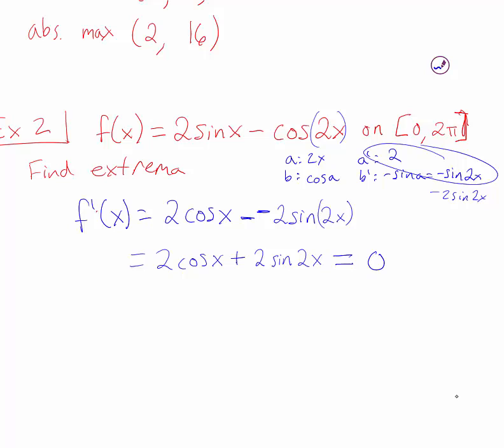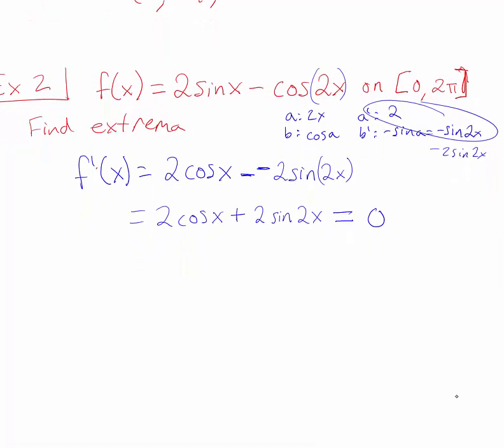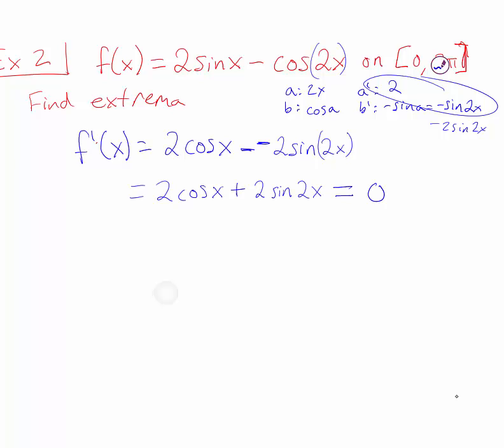Okay. Now, this part's a little bit tricky, but in this case, this one's cosine of x, this one's sine of 2x. This one's tricky, and you kind of need to think back to some of your trig rules. And one of your trig rules was that sine of 2x is equal to 2 sine x cosine x.